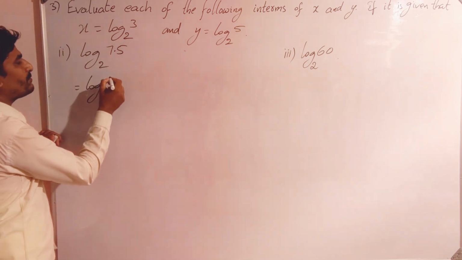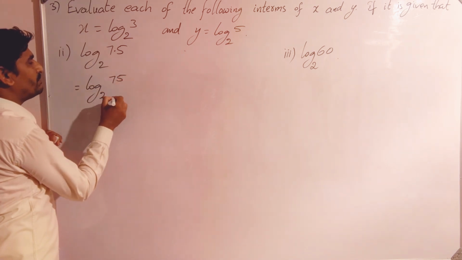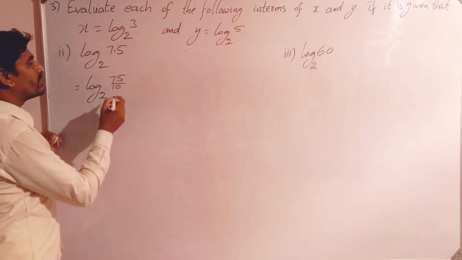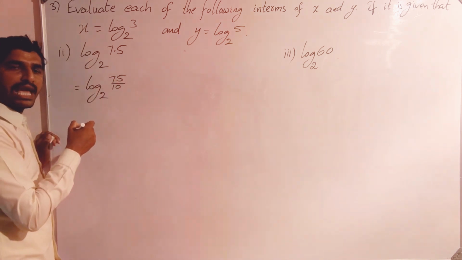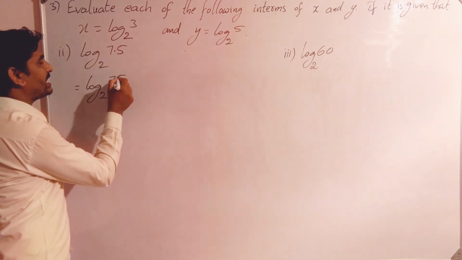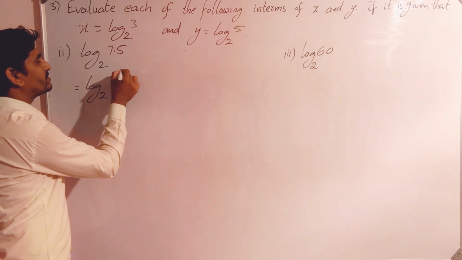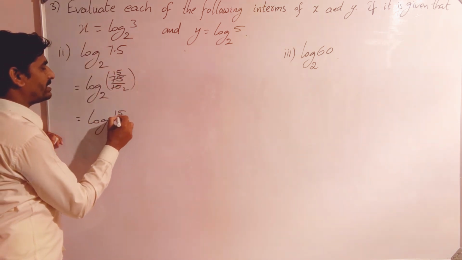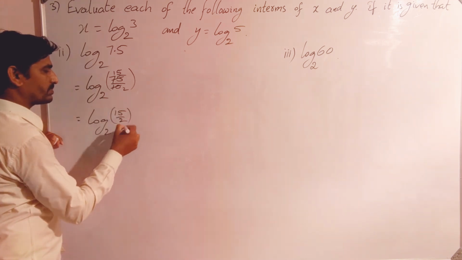This is simply the logarithm of 7.5. The point is removed by multiplying by 10, so we will get 75 by 10. Okay. Now 5 table can be cancelled. 5 2s are 10, 5 15s are 75. Now the logarithm of 15 by 2 to the base 2.